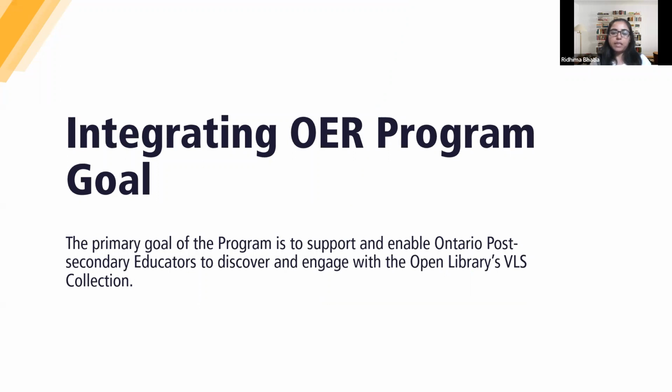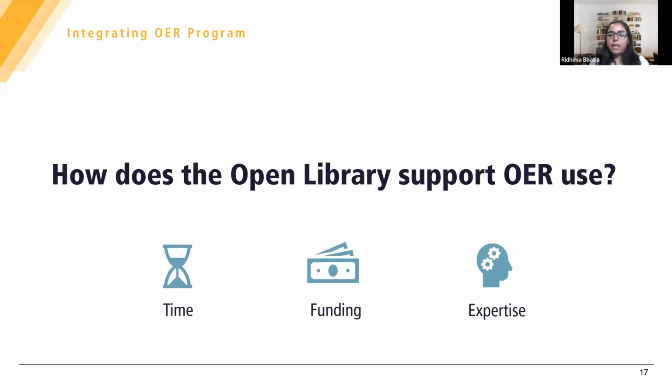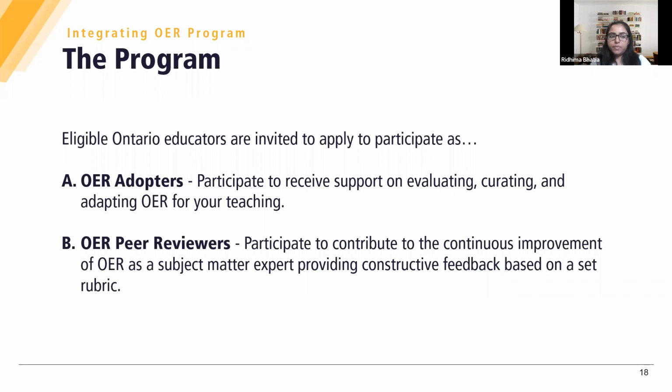From the feedback in the research, we found that it can take a lot of time to find, evaluate and adapt OER for their classes. We also found that there could be more support in terms of professional development or administrative support in their work of engaging with open access materials. So keeping in mind these barriers, the integrating OER program will support OER use through 3 avenues.